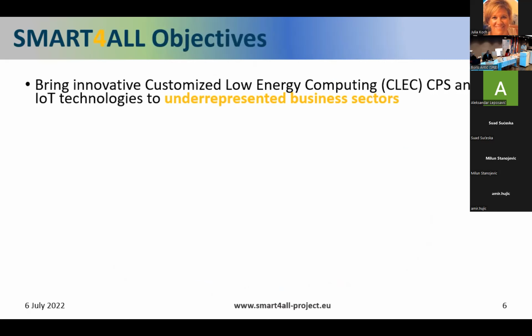Regarding the objectives of the project, the main target is to try and help countries, companies, areas that belong to what is called, in the European Commission's terminology, underrepresented areas.